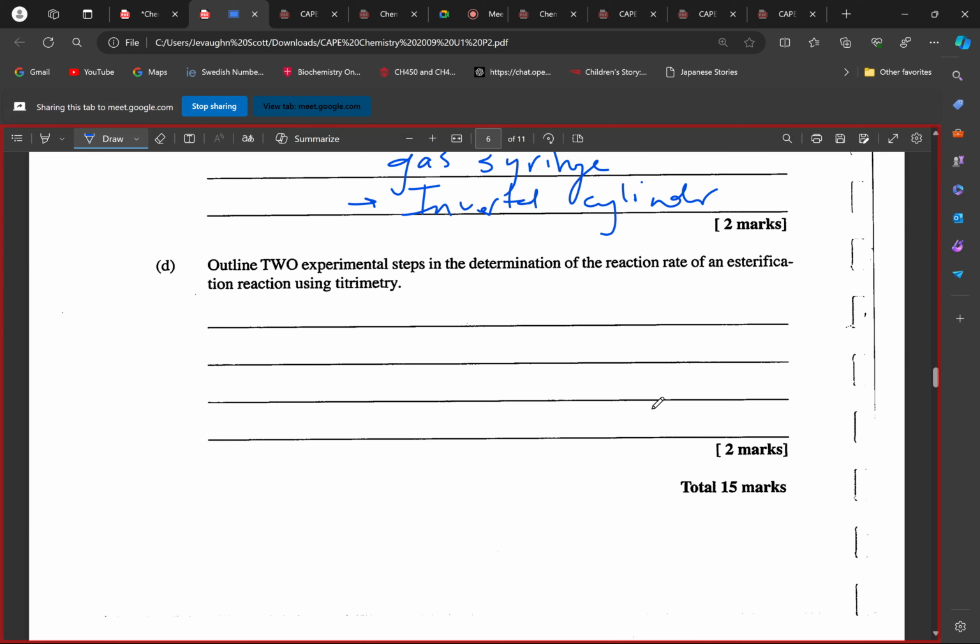And by the fact that organic acids are weak acids, a suitable indicator would be thymol blue or phenolphthalein. So I will add a suitable indicator, for example, phenolphthalein, to my analyte. That would be one key experimental step for the determination of my reaction rate.